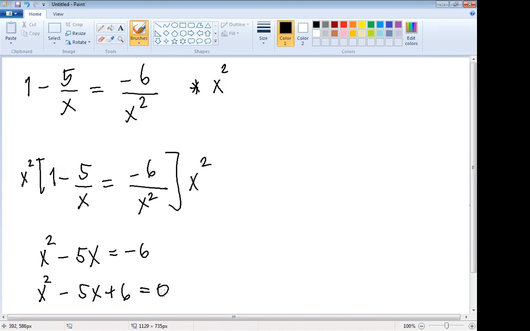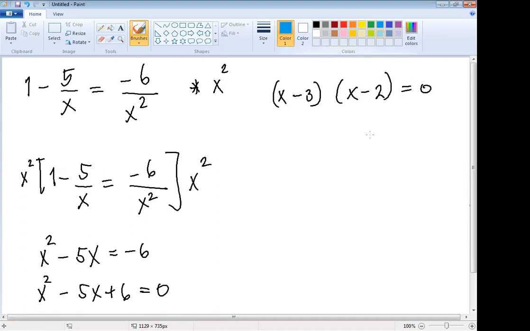So what are the values of x now? This one is a quadratic equation, so you can factor it. What will be the factors of x squared minus 5x plus 6? We have x minus 3 and x minus 2 equal to 0.